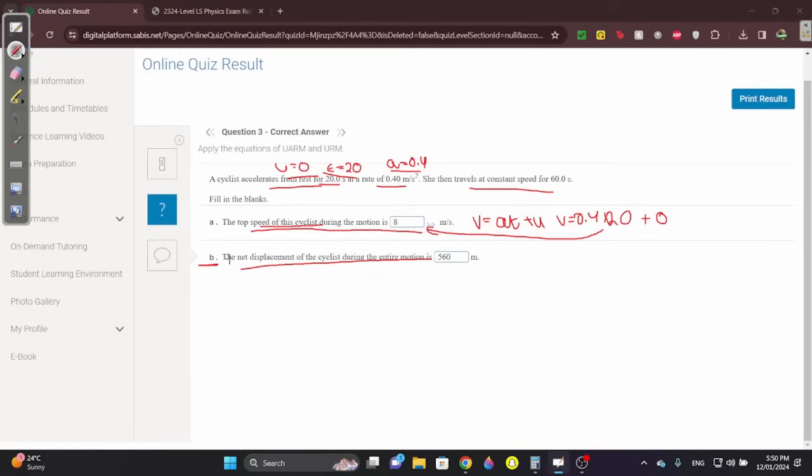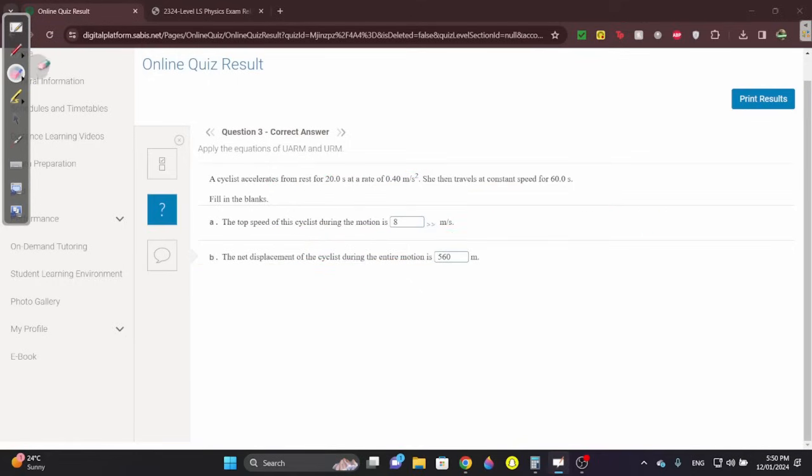The net displacement of the cyclist. This part B won't come, but just to show you how to do it, you have to draw a graph, a v-t graph, just in case it comes, but it won't come. It goes up for 20 seconds until it reaches 8, and then continues for 60 more seconds, so until 80, because 20 plus 60.